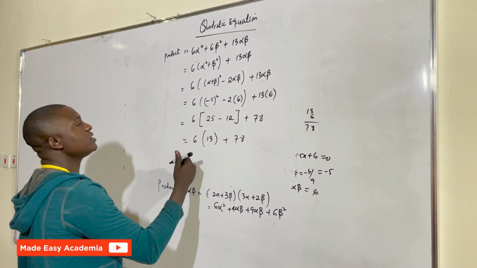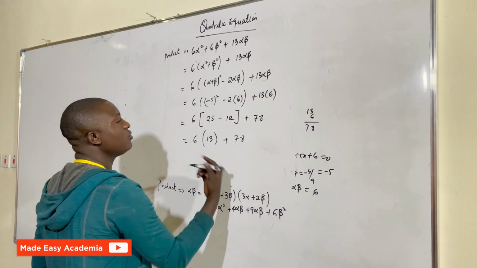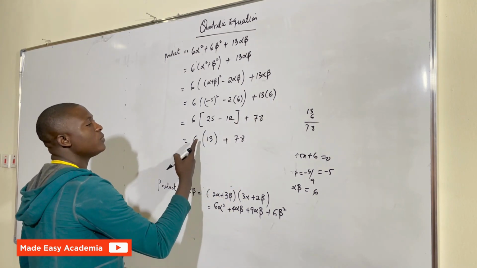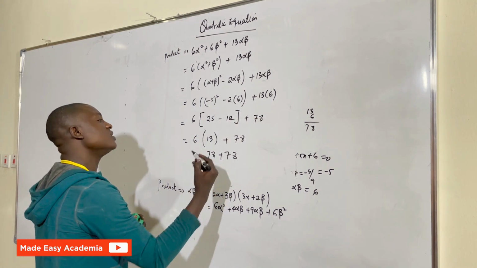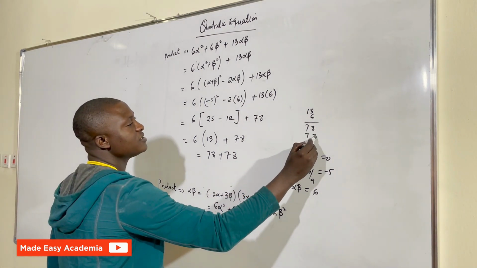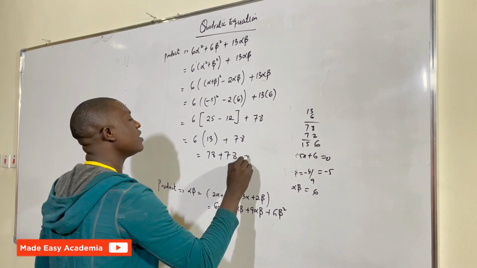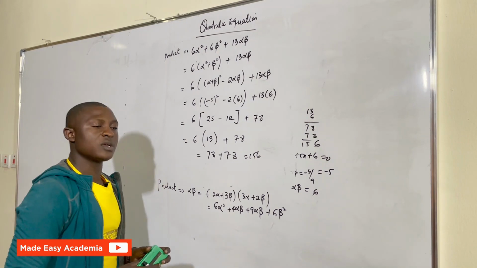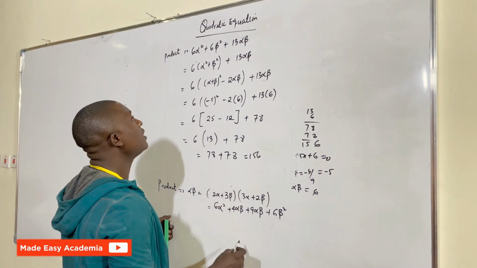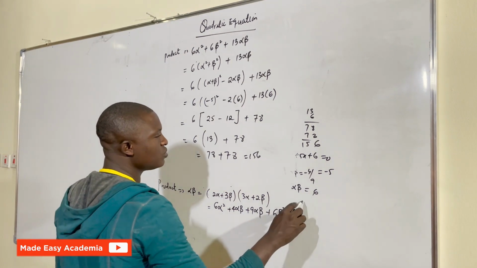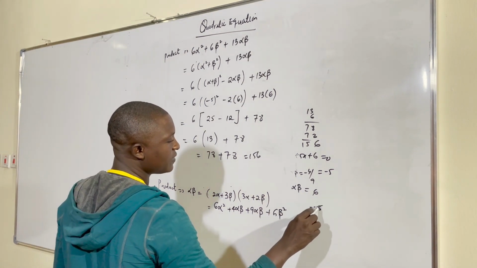We're very lucky here, 25 minus 12 is 13. So 6 times 13 is 78, plus also 78. So 78 plus 78 is going to give us 156. You can see we got the product. We got our sum to be minus 25, right?